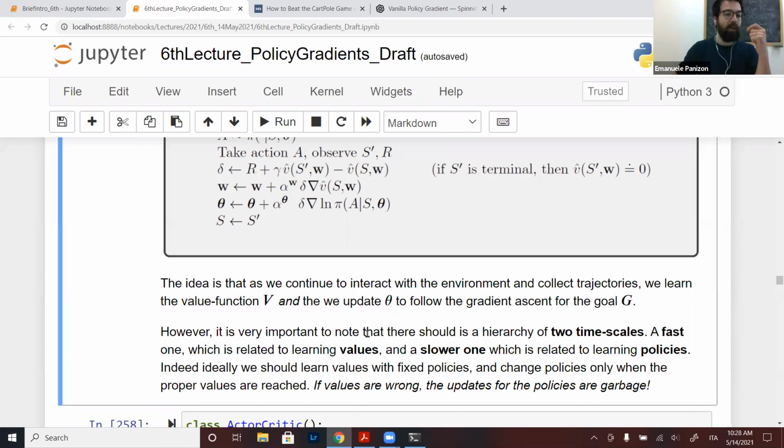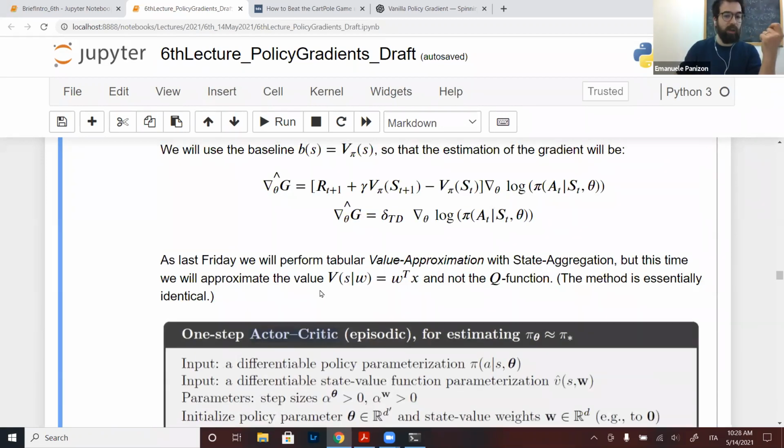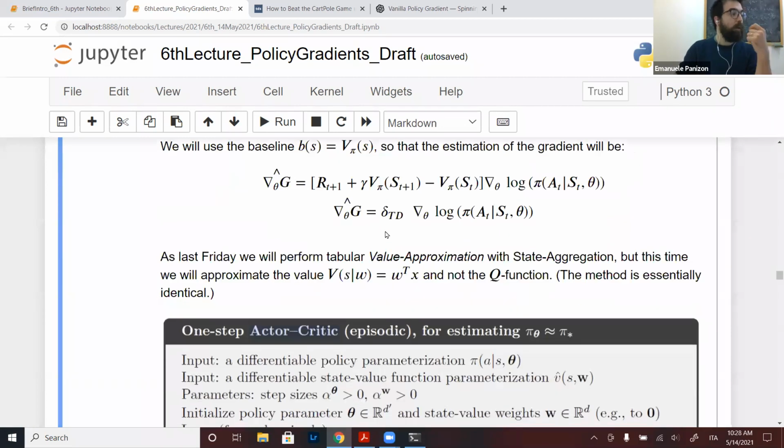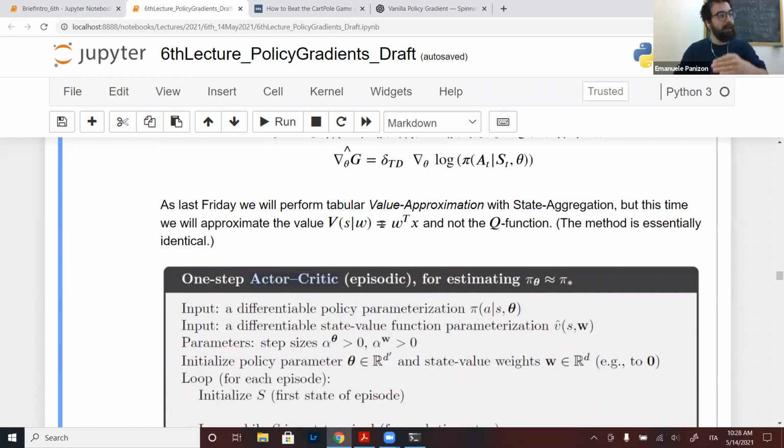The change in the policy, the change in parameters, relies heavily on your approximation of the value. The policy, on the other hand, has an instantaneous effect: you have a policy, you take a new action, and you go away. So you need to have the best value possible before changing the policy.